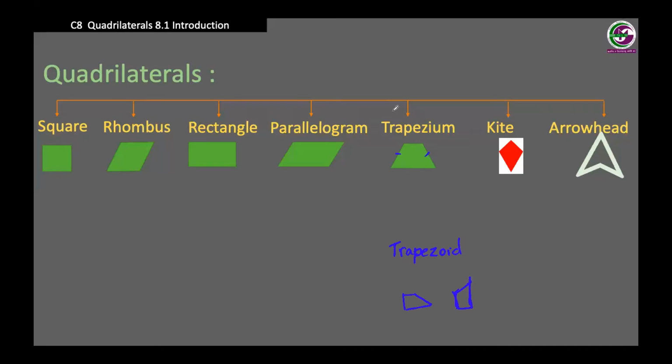If 2 sides are equal, we call it an isosceles trapezium, if they are equal only. It doesn't matter about the other 2 sides. One pair should be equal, then it is called isosceles trapezium. Like what we learned, isosceles triangle. Isosceles means 2 sides are equal. But the second pair need not be equal, but they should be parallel. That is important in trapezium.